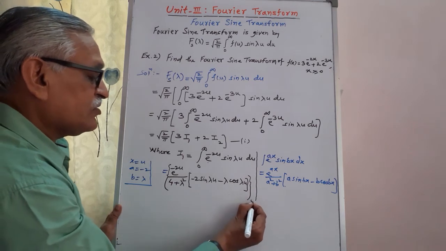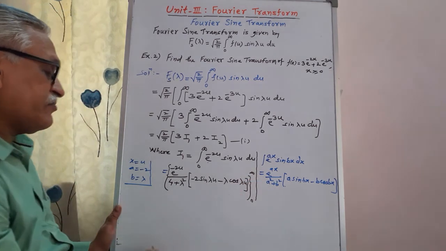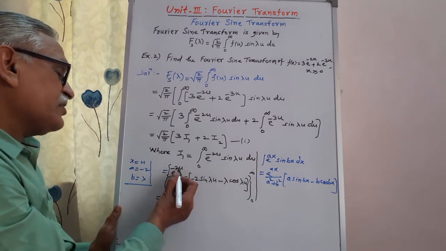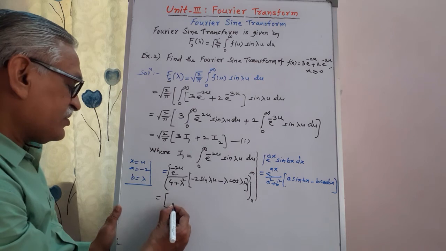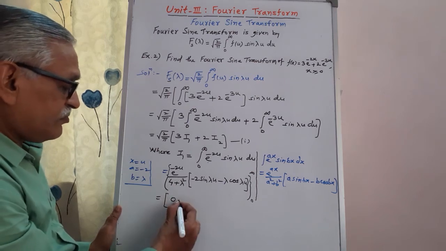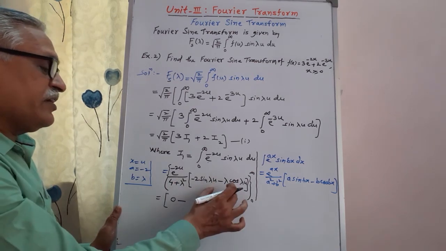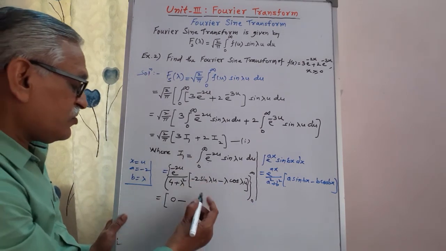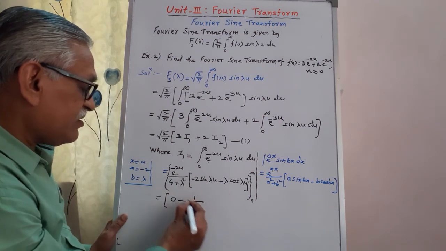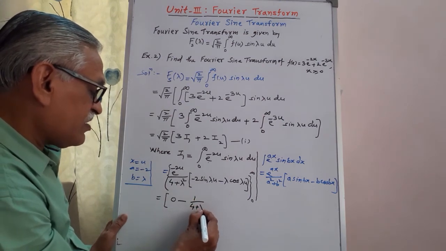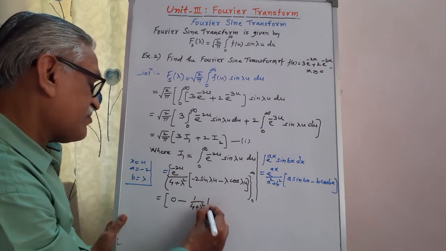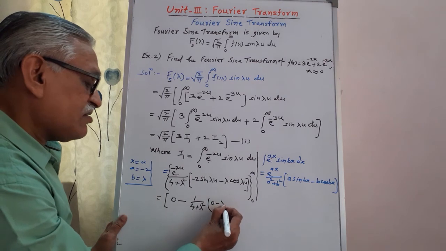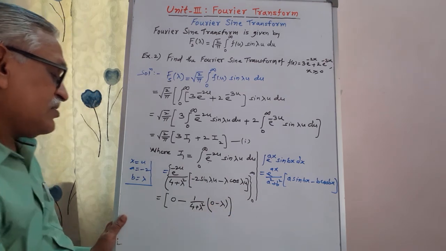With limits from 0 to infinity, we subtract the lower limit from the upper limit. The upper limit becomes e raised to minus infinity, which is 0, and into any term we get 0, so the first term is 0. For the lower limit 0, e raised to 0 is 1, divided by 4 plus lambda square, sin 0 is 0, cos 0 is 1.